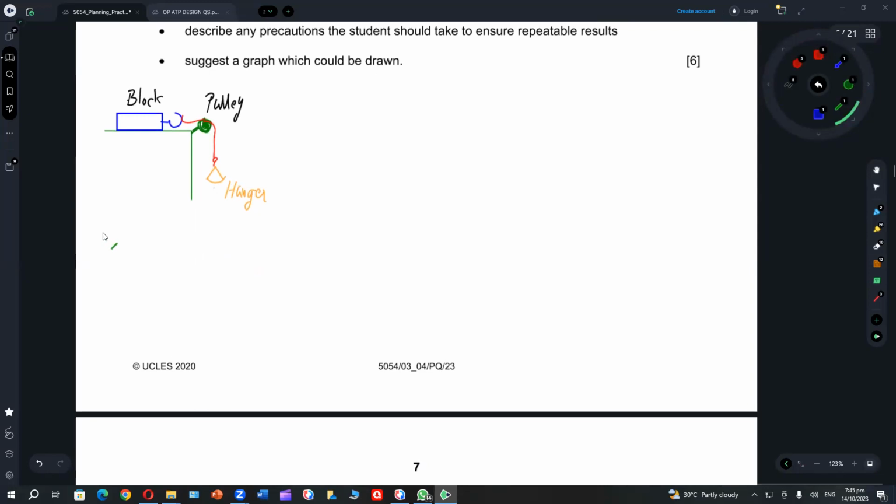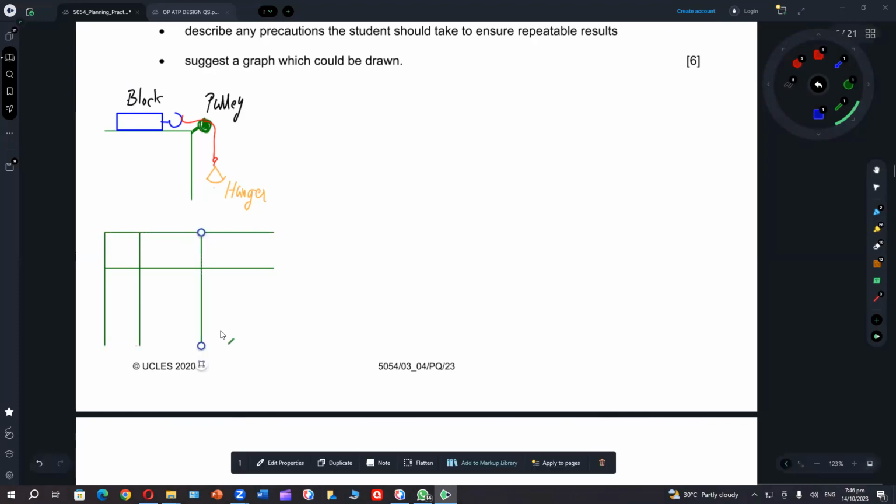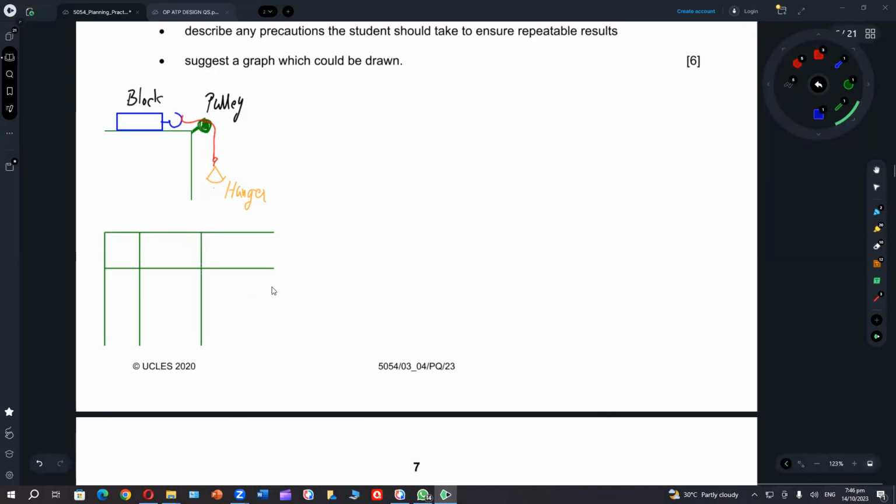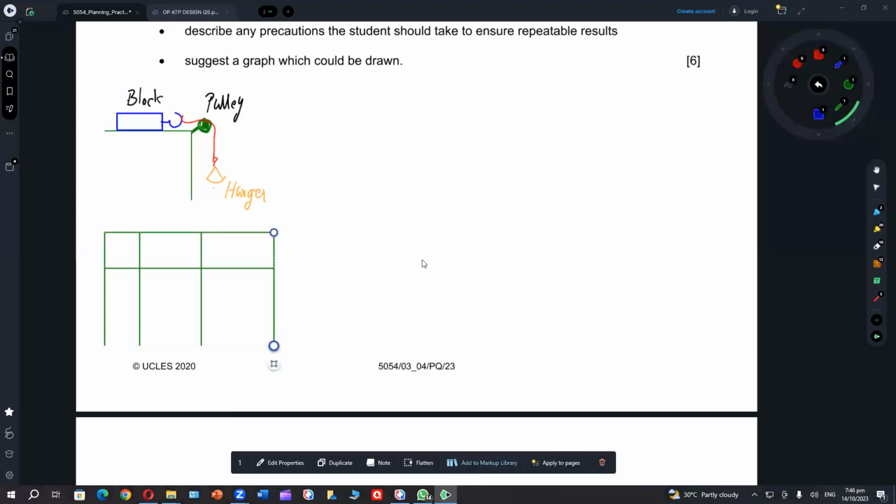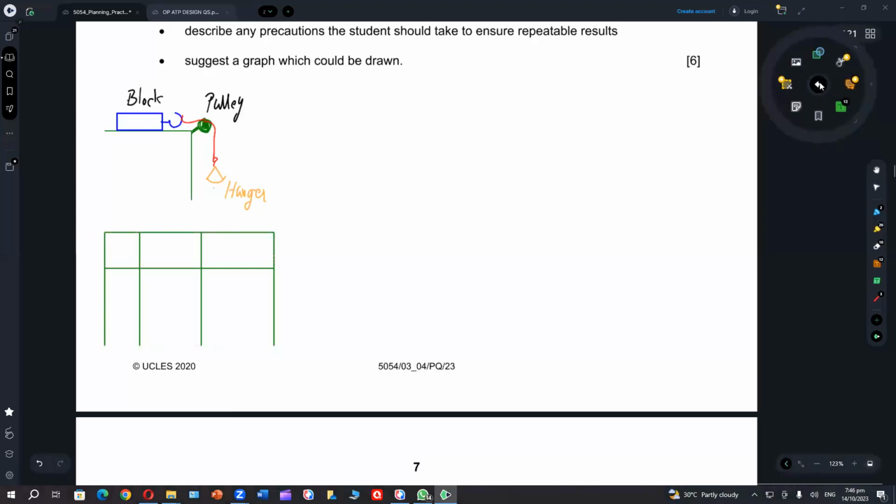Now, how will we make the table? We will make a table here for our discussion. Now, look at the table, and you should copy this with me.